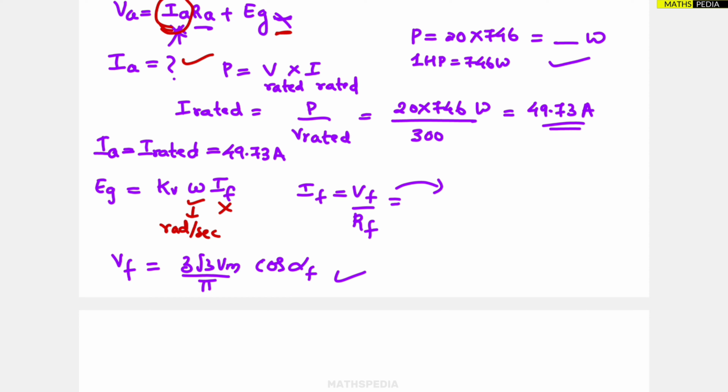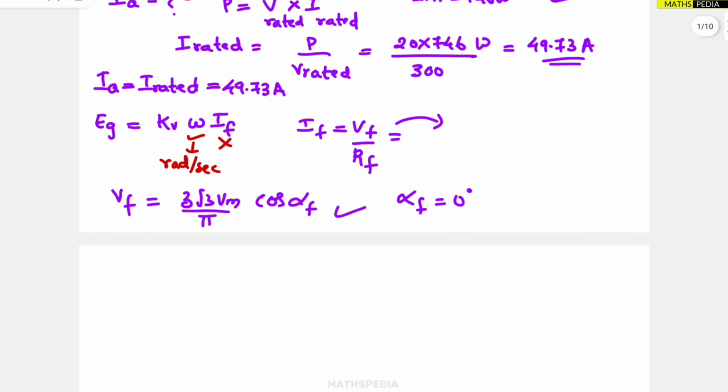Alpha f, whether it is given? No. Always remember, whenever you are calculating VF, we are going to consider the alpha f value as 0. The delay angle alpha is always 0 degrees in order to obtain the maximum voltage and current. Whenever you are calculating, remember that. Alpha f is 0 means cos 0 is 1. So this entire thing becomes 1.